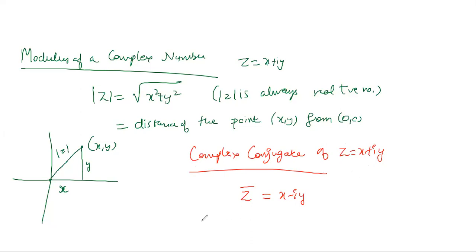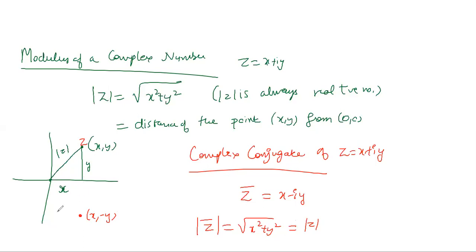And if you compare now these two things, what is the modulus of z bar? This is also going to be the same, square root of x square plus y square. So this is the same as mod of z. So the modulus of the complex number and its conjugate are the same, because you can practically see that the complex conjugate will be here. It will be x comma minus y. If this is z, this is z bar, because you just have to move in the minus direction on the imaginary axis.